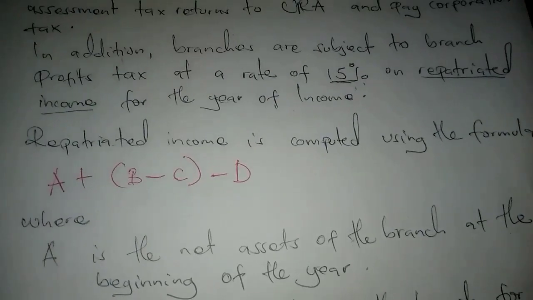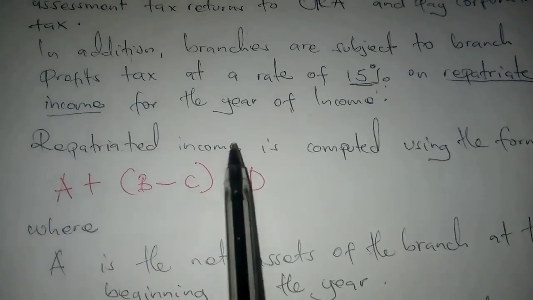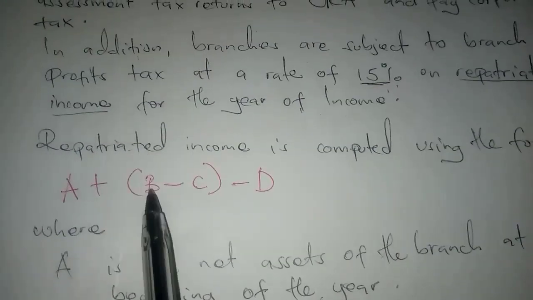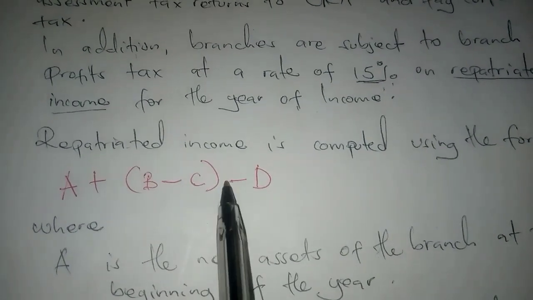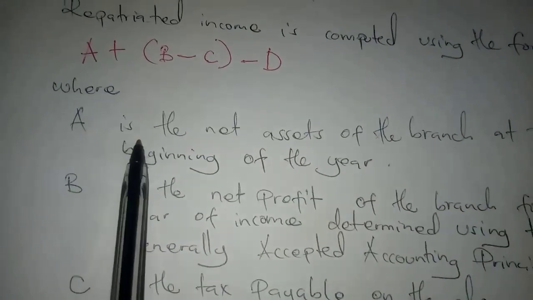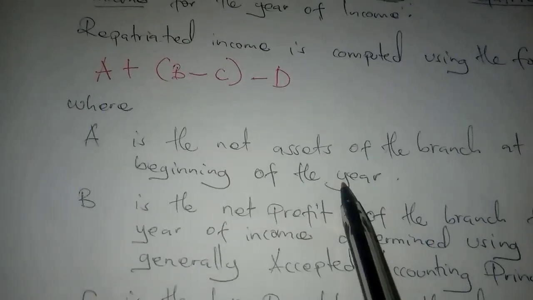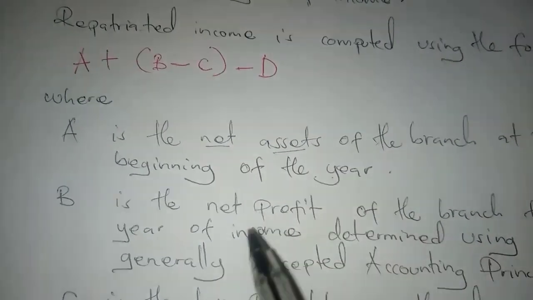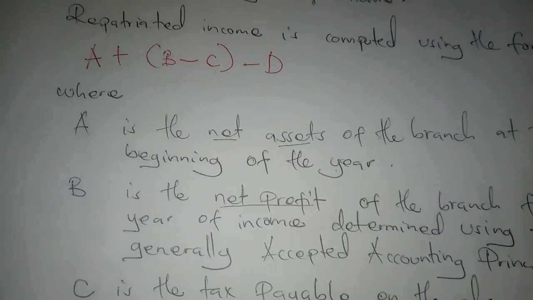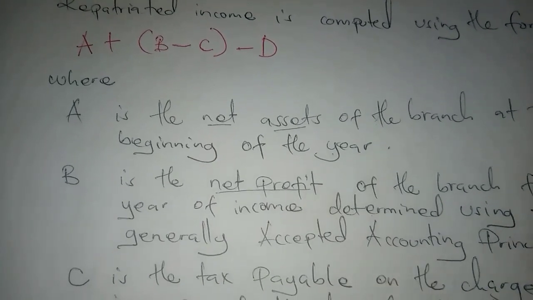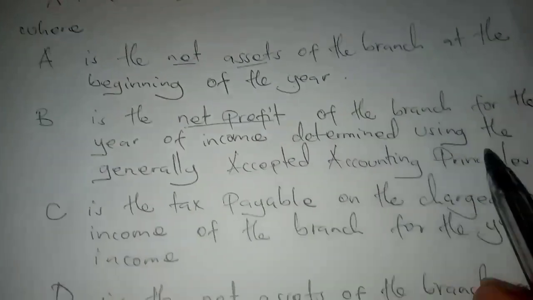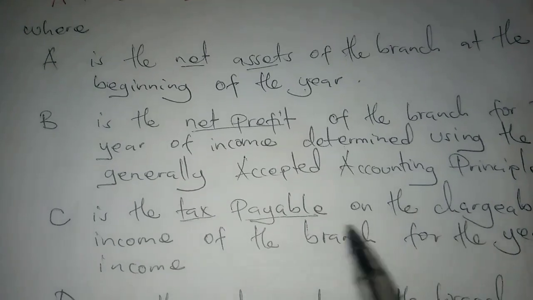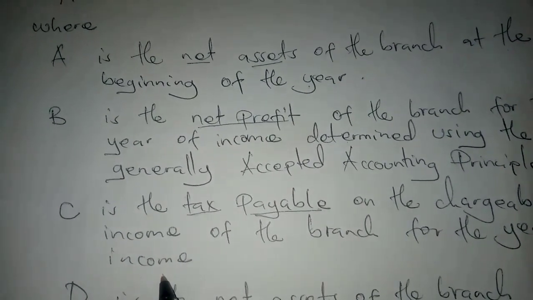Then repatriated income is computed using this formula: A plus B minus C minus D, whereby A is the net assets of the branch at the beginning of the year, and B is the net profit of the branch for the year of income determined using generally accepted accounting principles, and C is the tax payable on the chargeable income of the branch for the year of income.